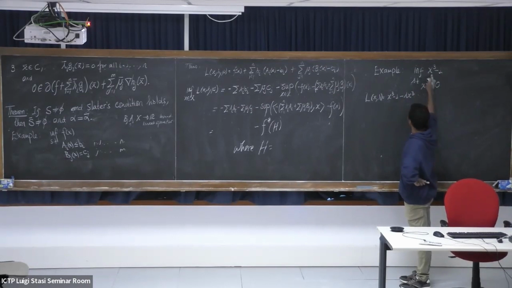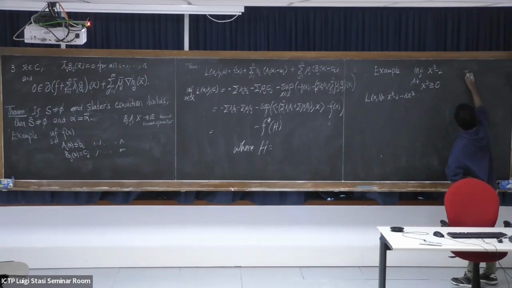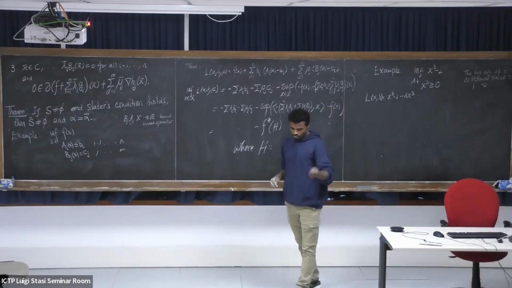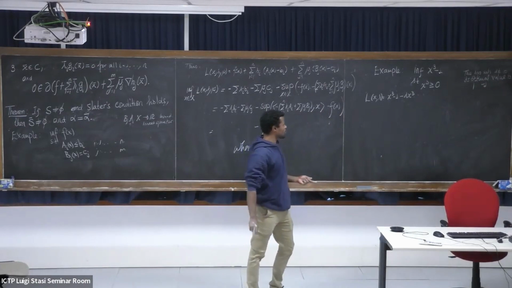It is true that the solution is at 0, right? At 0, and its optimal value is -1. So the primal problem is attained at x equal to 0, and its optimal value is -1.